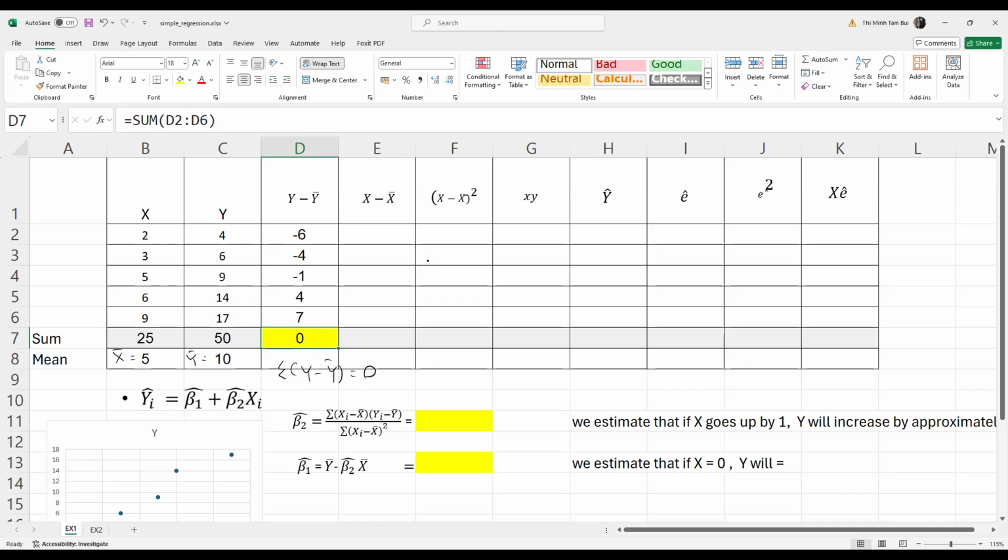Next, we have to do x minus x bar. So x is here, x bar is here. It means all the numbers you have to minus by 5.